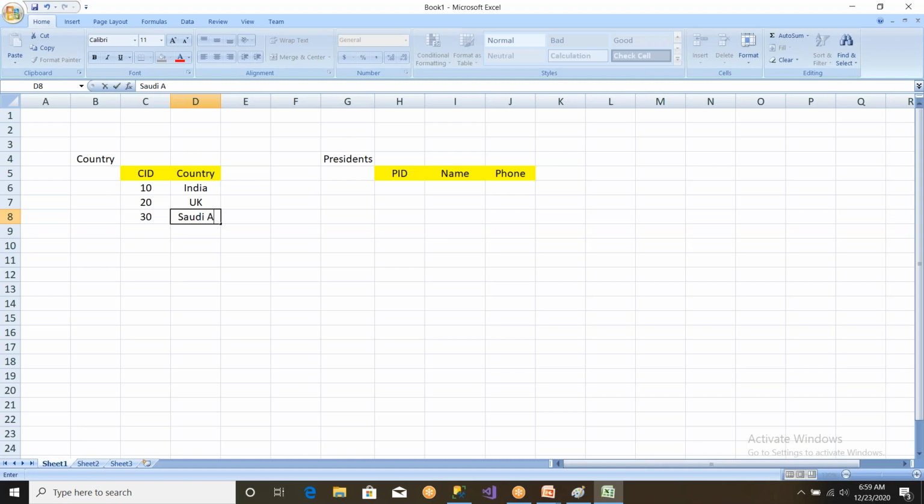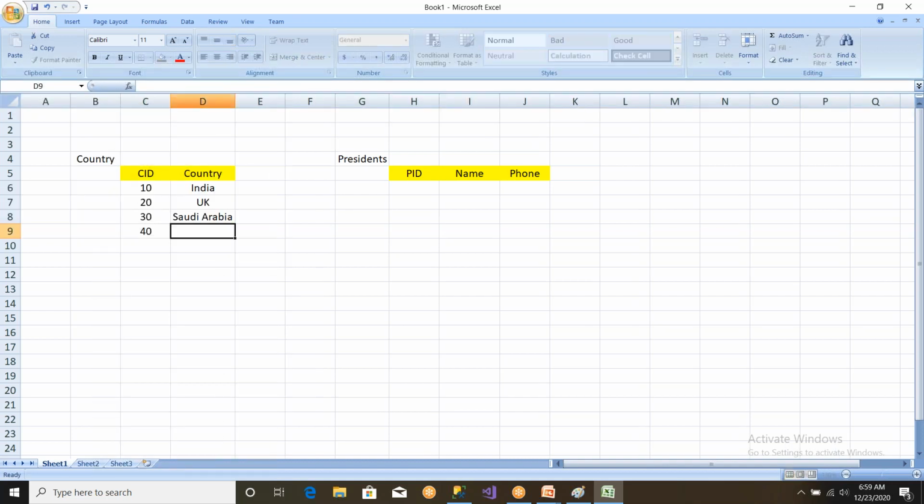Something like this. We have all the countries, right? And country number 40, we have Sudan or South Africa. So like that, a lot of countries are available, right? Now a country called Singapore. So a lot of countries are there.